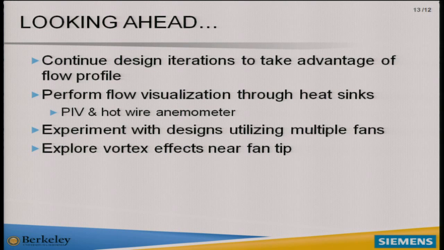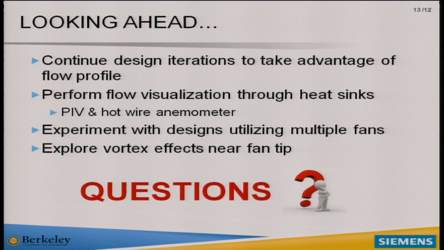There's a lot of local turbulence near the tip. However, much of the flow is laminar. Turbulent flow really allows us to increase the cooling effects, so we want to look at ways of taking advantage of some of these vortices near the tip and creating some local turbulence there. So with that, open to any questions.